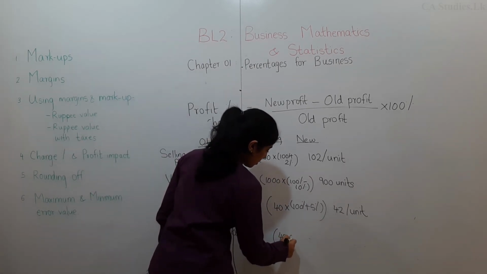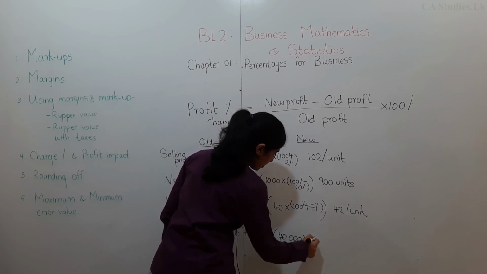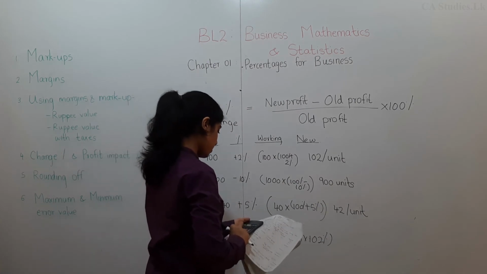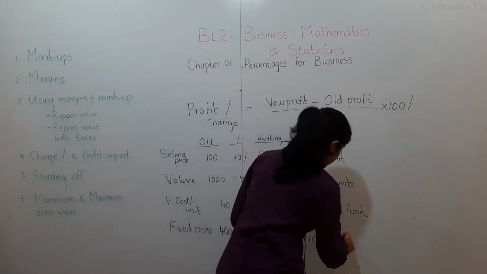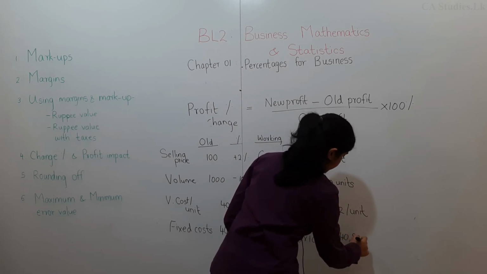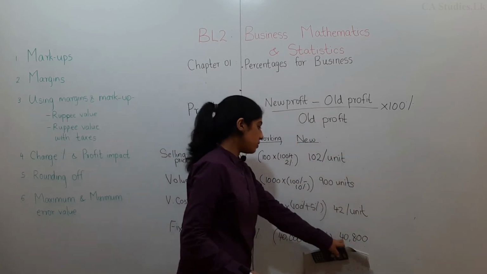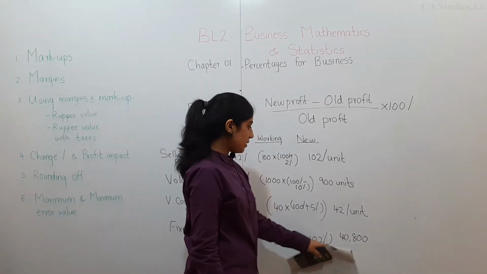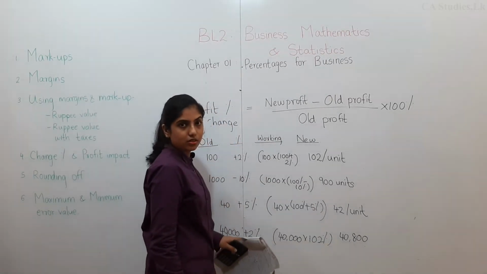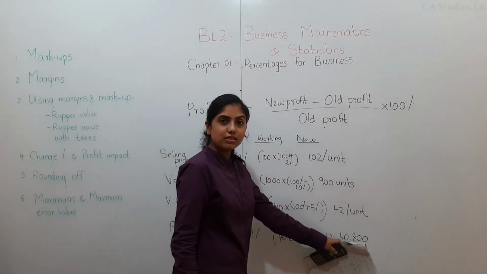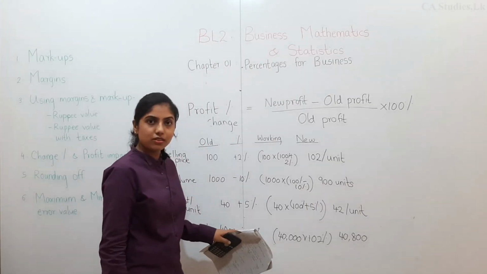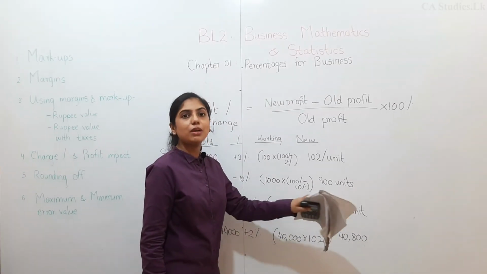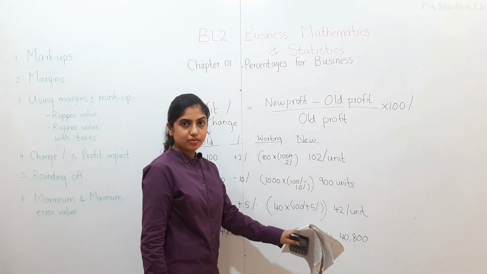So 40,000 into 102%, $40,800 is your new fixed cost. But the new fixed cost is equal to 102%, it is not equal to 100%. So if they give you the new fixed cost and ask you to calculate the old fixed cost, you have to divide 40,800 by 102% and multiply by 100%.